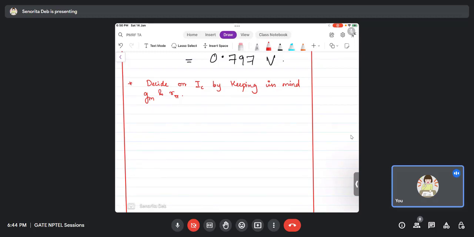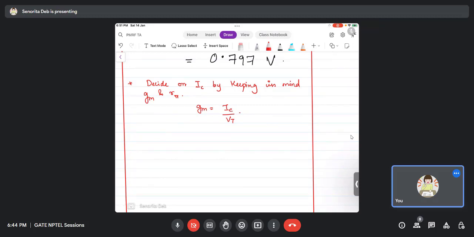He will say, okay, design for a beta of 100. Now beta is nothing but GM into RPI. So the parameters GM and RPI will usually be given to you. So from GM and RPI you get IC. I told you in the previous class that GM is nothing but IC by VT. So if you have GM, that means you have IC.